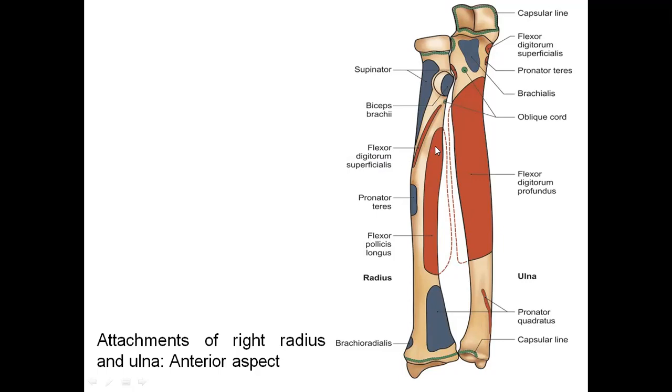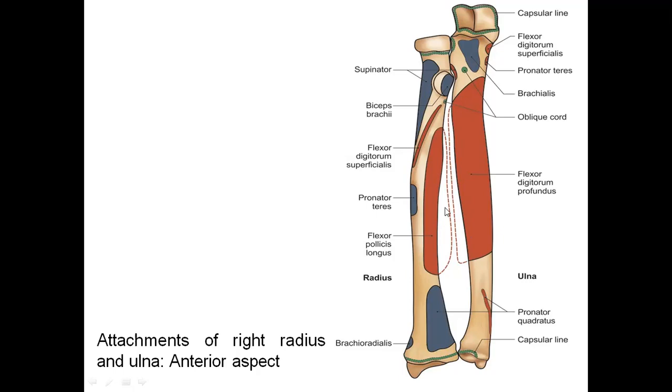Okay. Then we are finding this border is the medial border. Medial border is also called the interosseous border. From the medial border, we have a muscle called flexor pollicis longus. Also the medial border of the radius and the lateral border of the ulna are both called interosseous borders because both of them are participating in giving attachment to a membrane extending between the two bones.